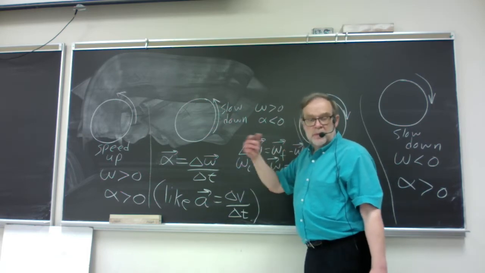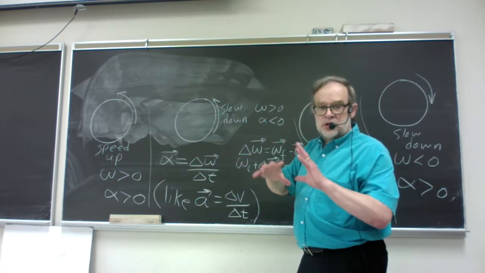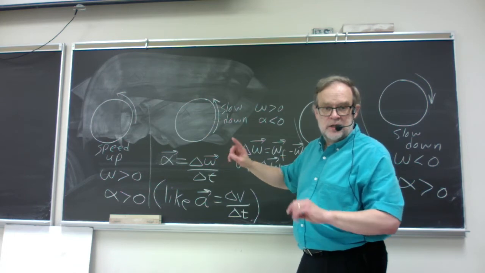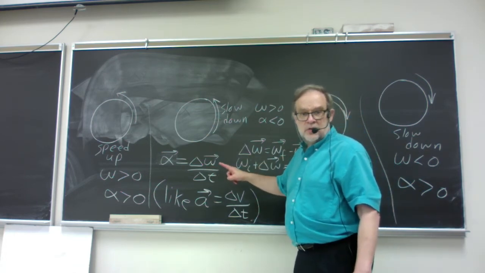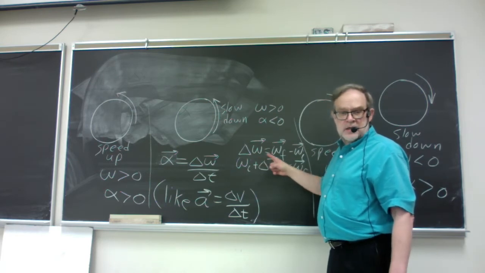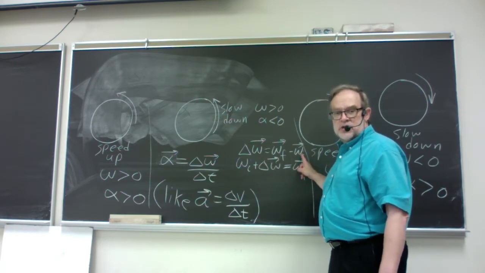And remember what we said about change in velocity, we can also say that about change in angular velocity. Change in anything, like angular velocity, is just the final value minus the initial value.